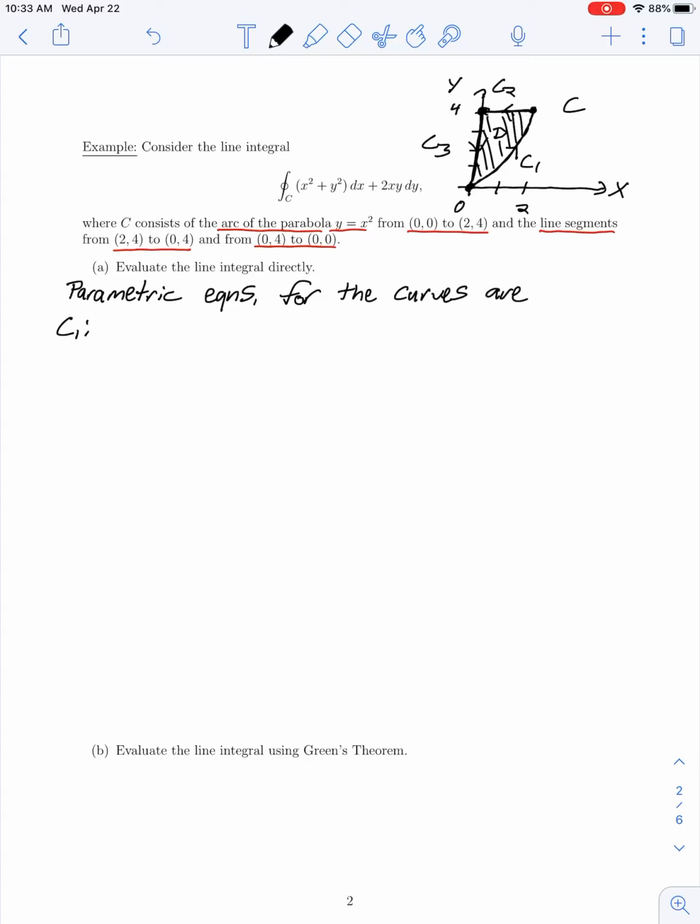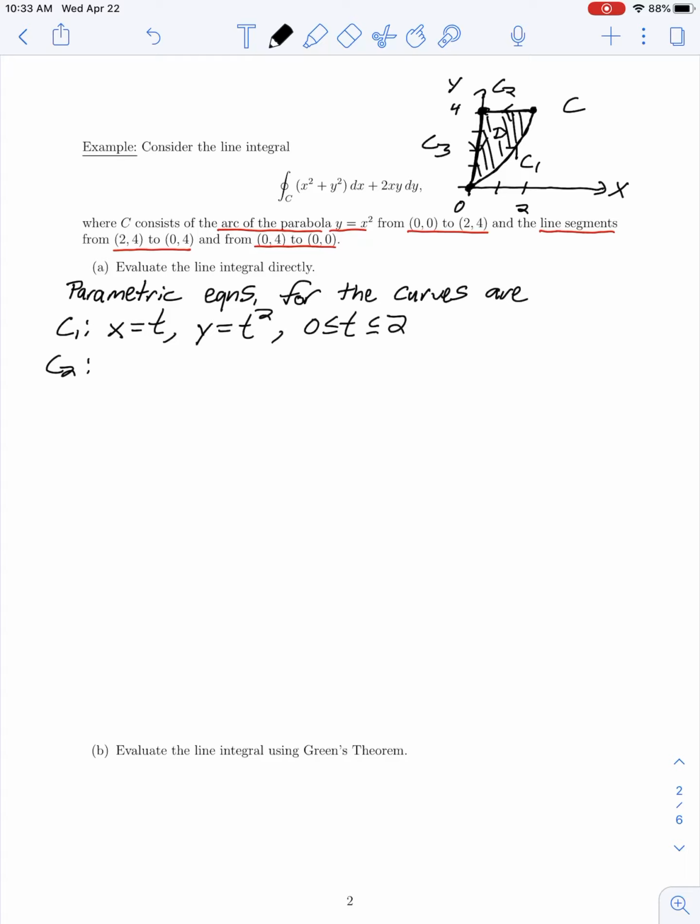So let's think about how to parameterize C1. C1 is the arc of the parabola from (0, 0) to (2, 4). So if we let x equal t, y is defined as x squared, so we would have t squared. And we're moving from (0, 0), which would correspond to t equals 0, to the point (2, 4), which is when t is equal to 2.